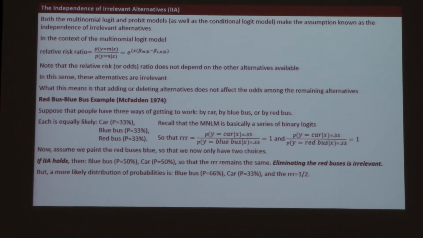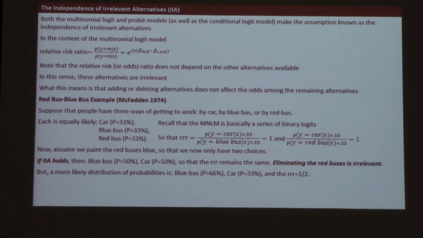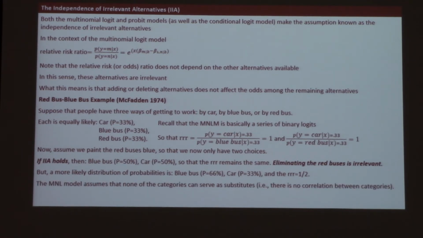And hence our relative risk ratio would switch to 1/2. So if that's true, then we violate the independence of irrelevant alternatives, and we shouldn't be using the multinomial logit model.